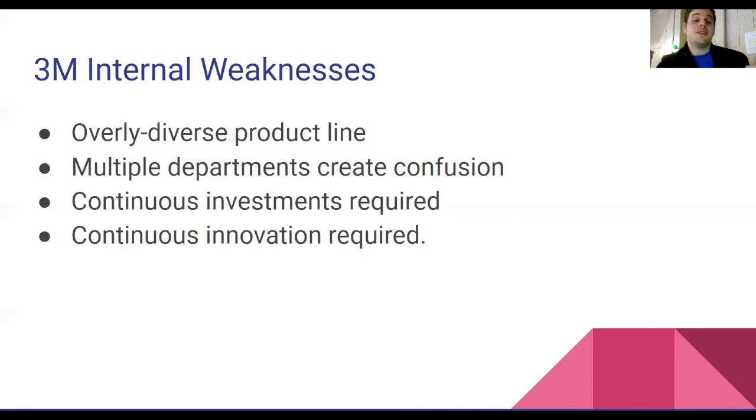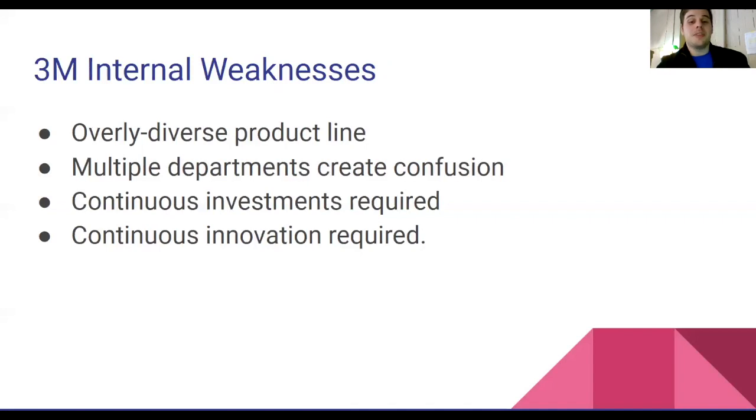Another internal weakness is that multiple departments can create a lot of confusion. 3M is involved in many different industries and in many different markets. This means that they have several different departments overseeing various operations, and these departments are often working together on various projects.